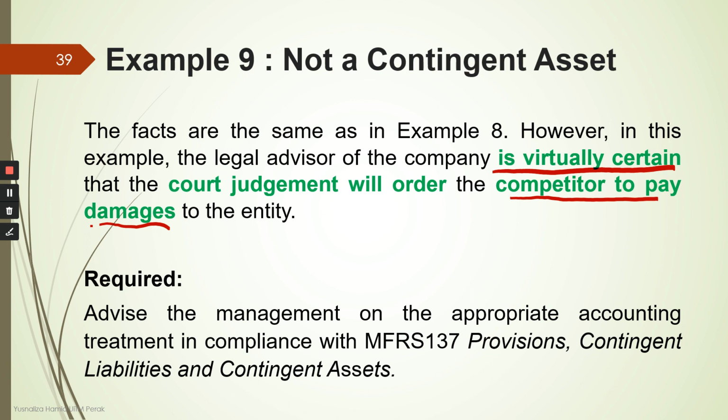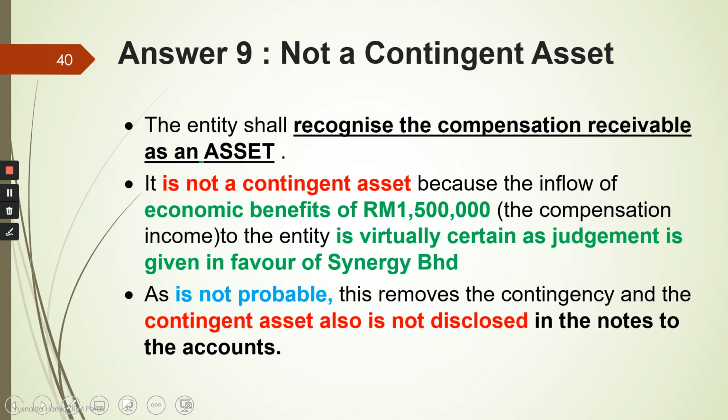So if that is the case, let's look at what the appropriate accounting treatment is. The company shall not recognize a contingent asset here because the inflow of economic benefit is virtually certain, but it will be recognized as an asset.